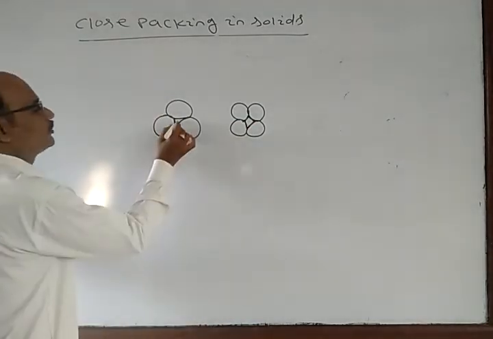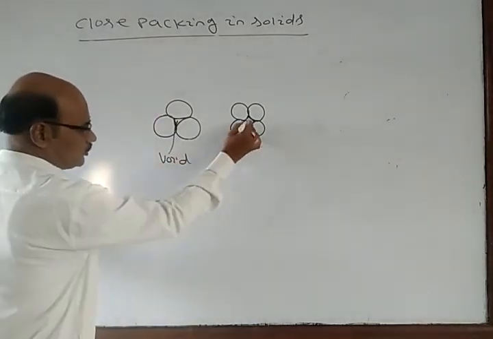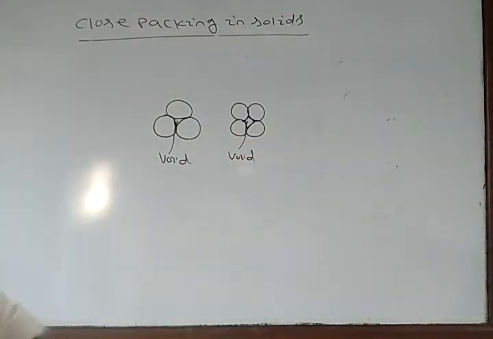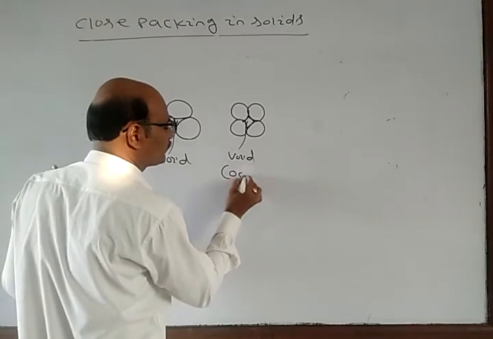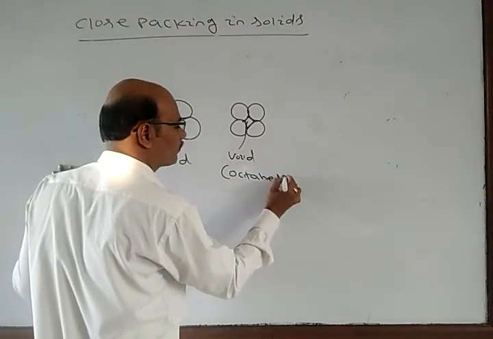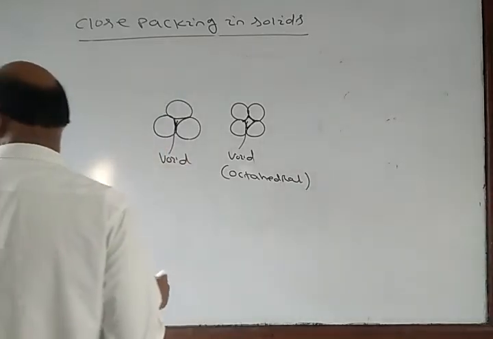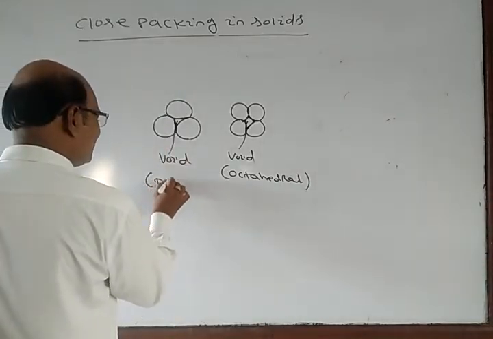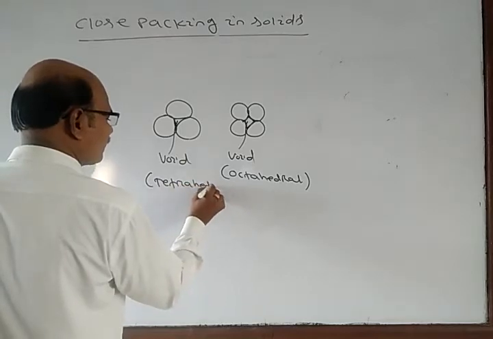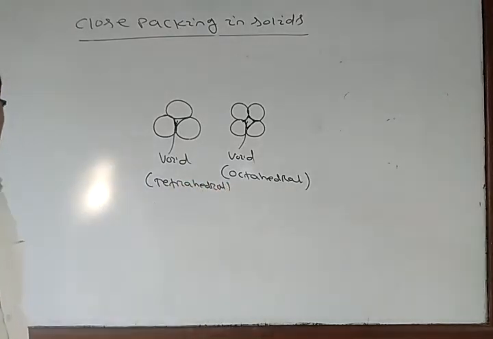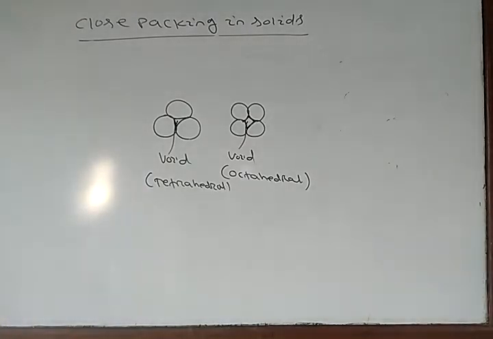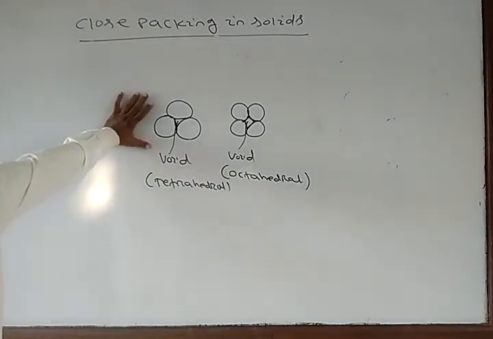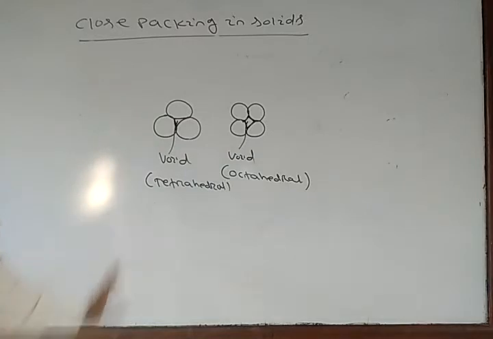So this is also a void. So we will have two types of voids: one is tetrahedral void and the other is octahedral void. You have heard of tetrahedral void. These voids depend upon the type of arrangement.